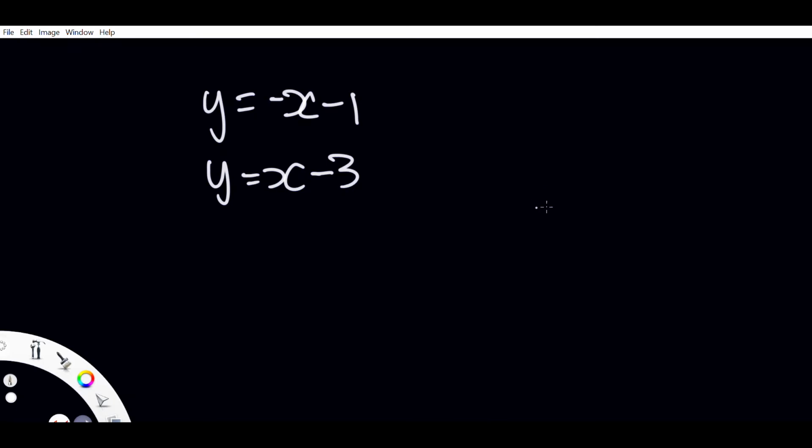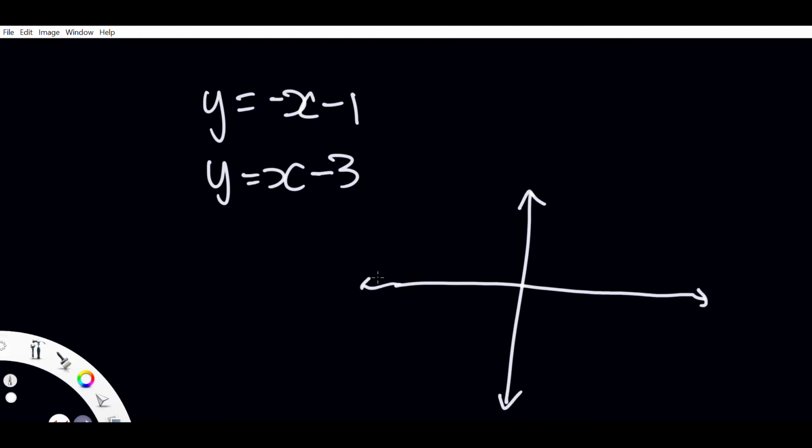So let's first get the coordinate plane. Now that we have the x and y axes, let's do the simplest way to draw a line, which is to find two points. Since it's written in the form y equals mx plus b, we can directly go into finding the x- and y-intercepts.